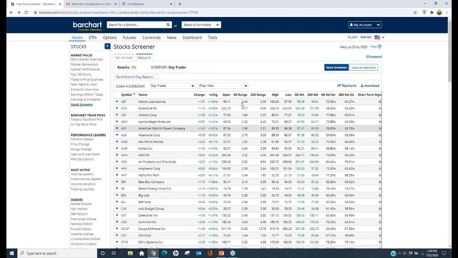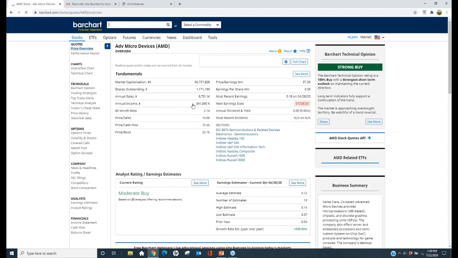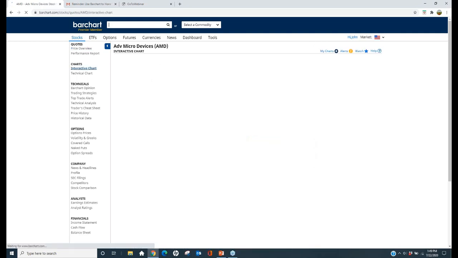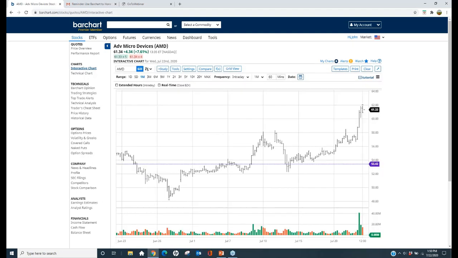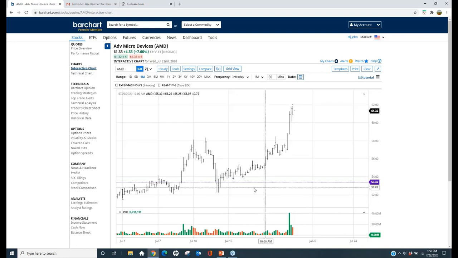Now, again, I could go to the stock itself, and I was just showing you 2 different ways to find the charts. And sure enough, what we see here is that price is moving very strongly to the upside.